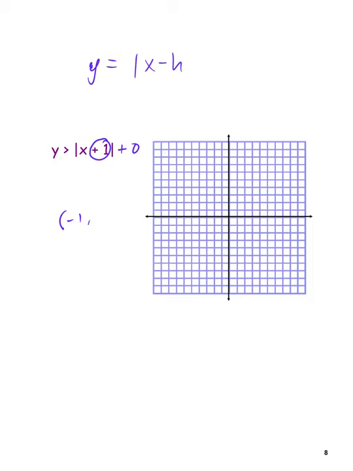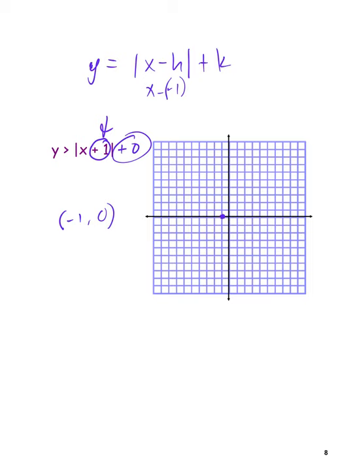Since it didn't show any plus there, that just means it would be a 0. And since this is a plus 1, that means it's technically x minus a -1. So that's why the vertex would be at the point (-1, 0).